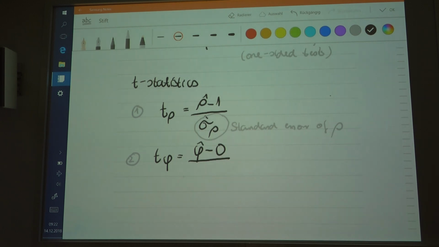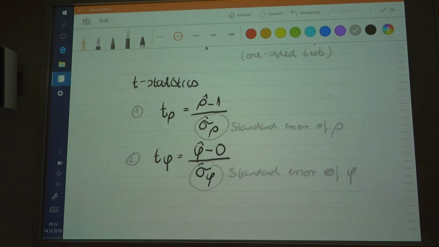The standard errors are equal, so the standard error here is equal to the standard error of the other one. This is the standard error of the coefficient phi.